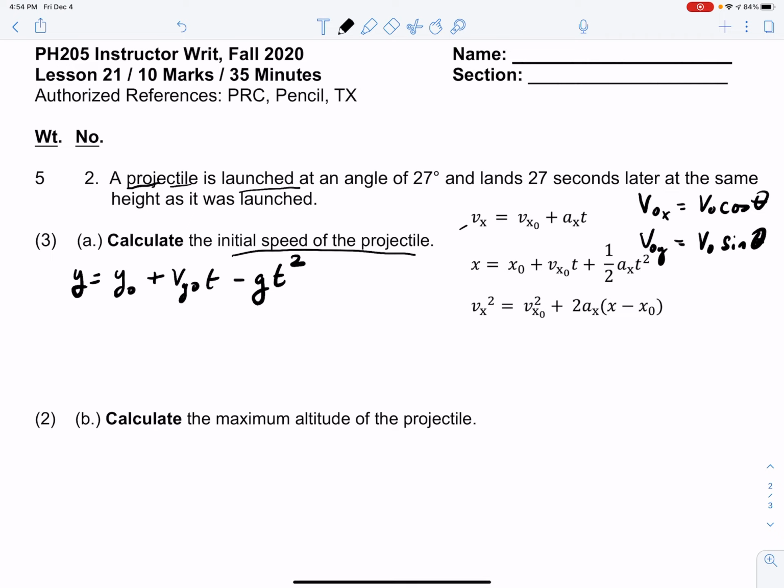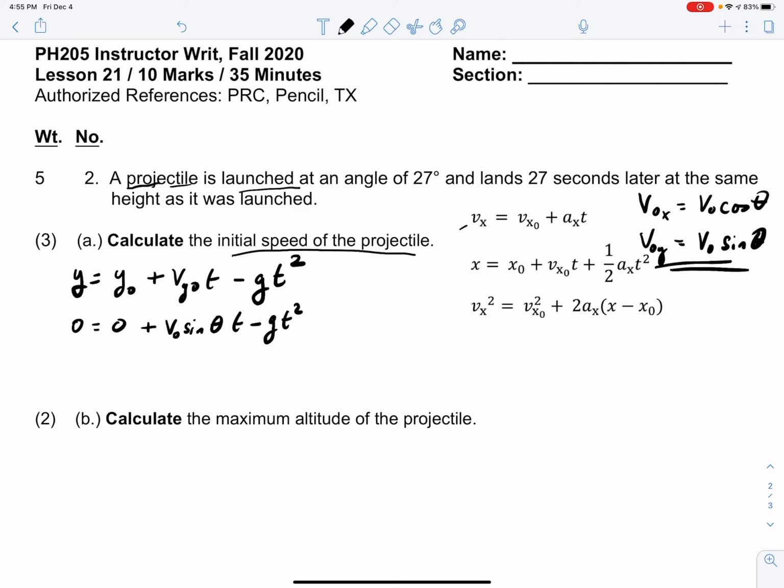Now we replace our values: 0 equals 0 plus v naught sine of theta, remember, right here, times t minus one half g t squared.